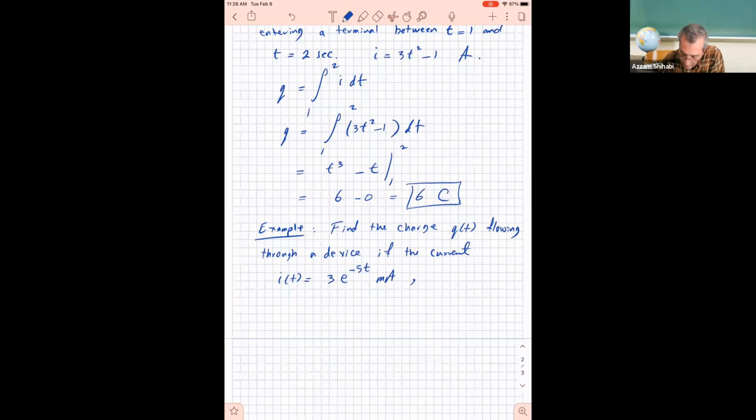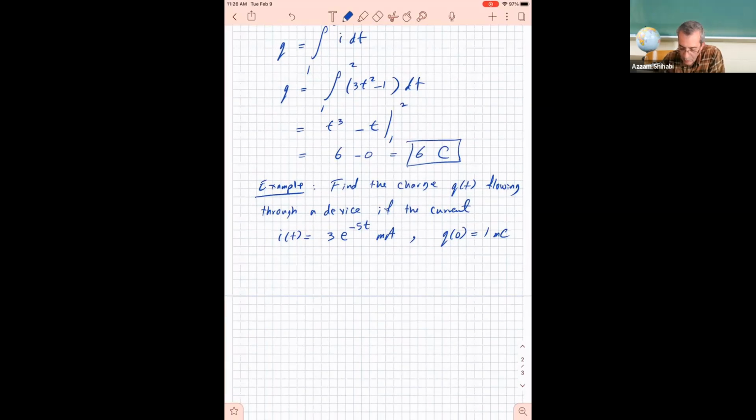Also, I'm going to give you an initial value for the charge. Let's say the initial value for the charge is 1 millicoulomb. All right, so we want to find an expression for the charge based on the given expression for the current and the initial value of the charge.